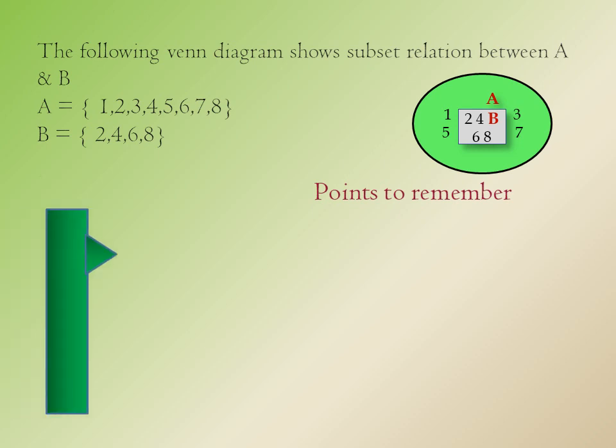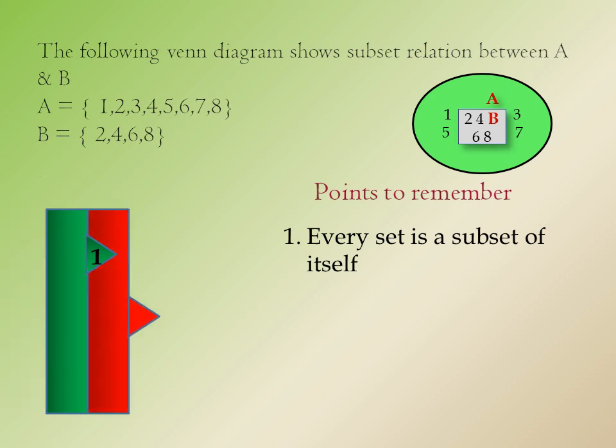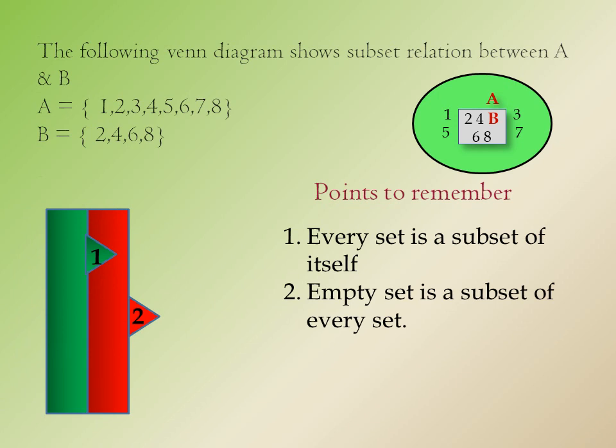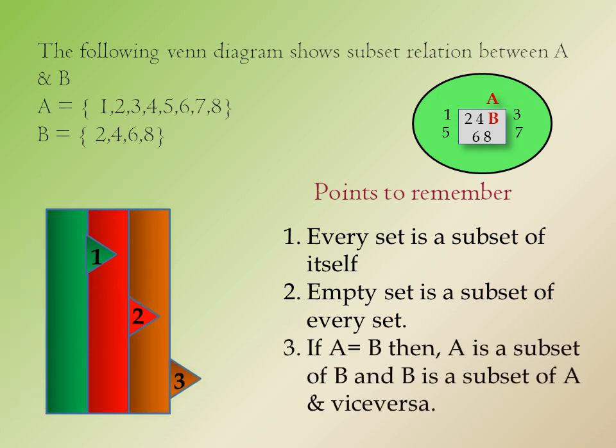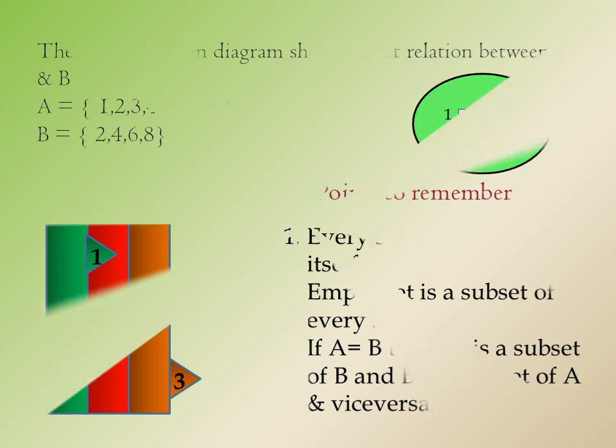Point number 1: every set is a subset of itself. Point number 2: the empty set is a subset of every set. And point number 3: if A = B, then A is a subset of B and B is a subset of A, and vice versa.